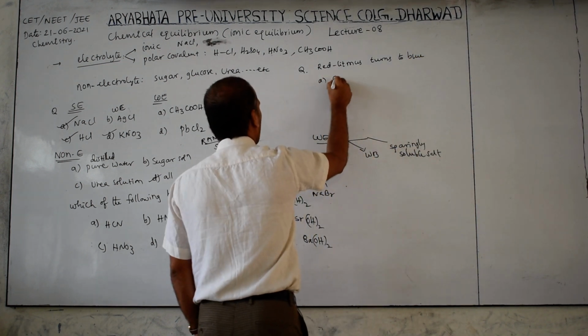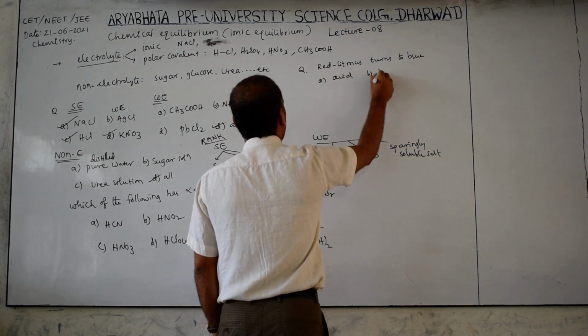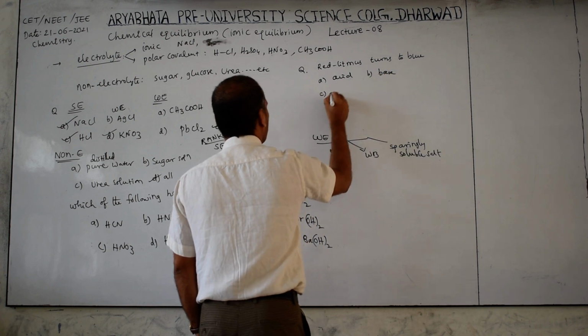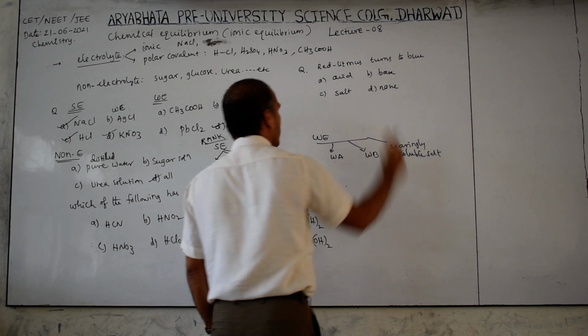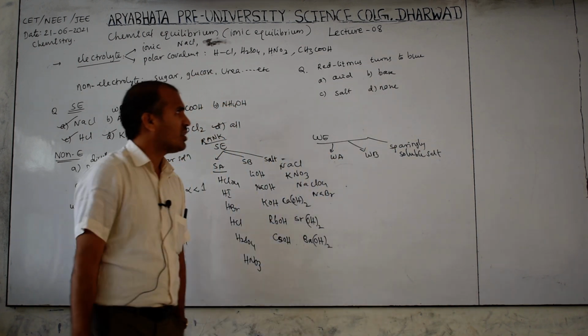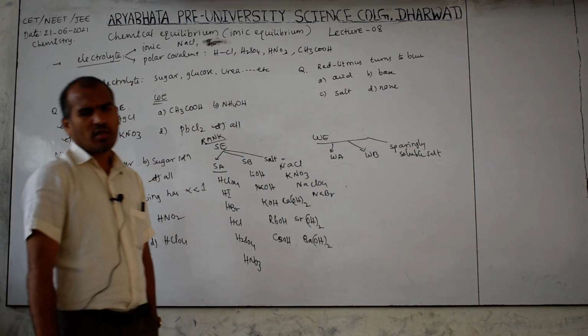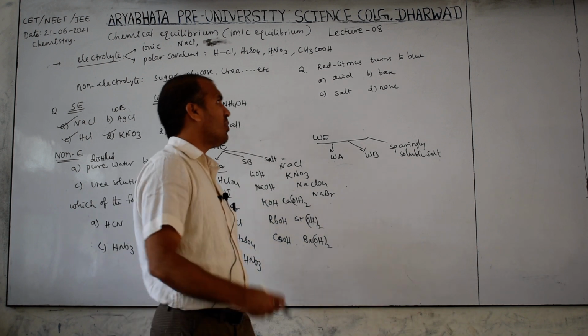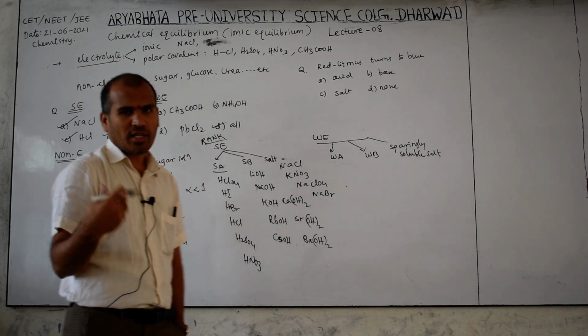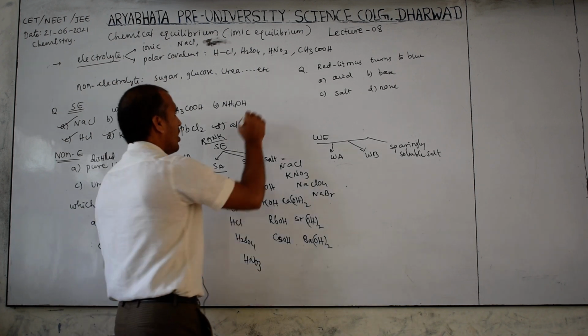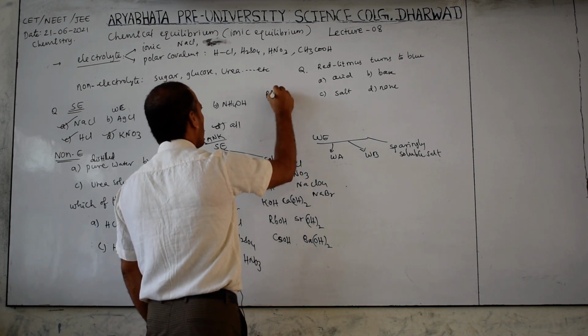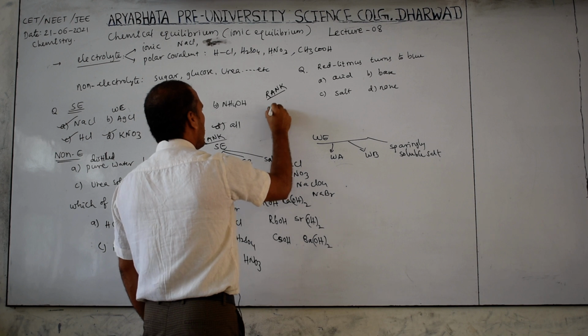Option A acid, B base, C salt, D none. Red litmus turns to blue. Some students may remember, but some students are generally in a confusion position. Therefore there is already one rank shortcut to answer this.